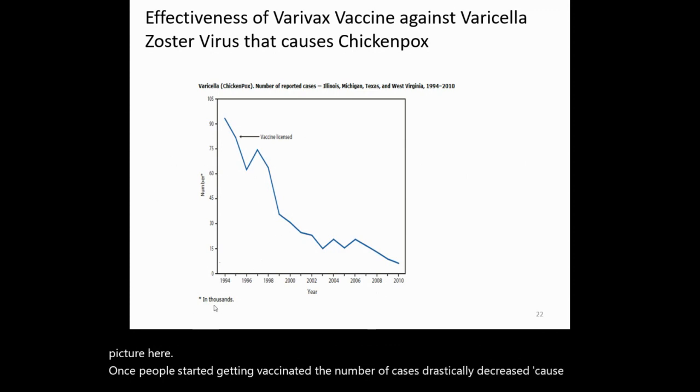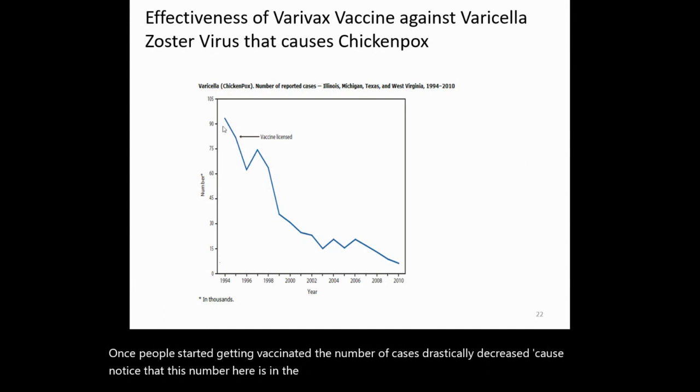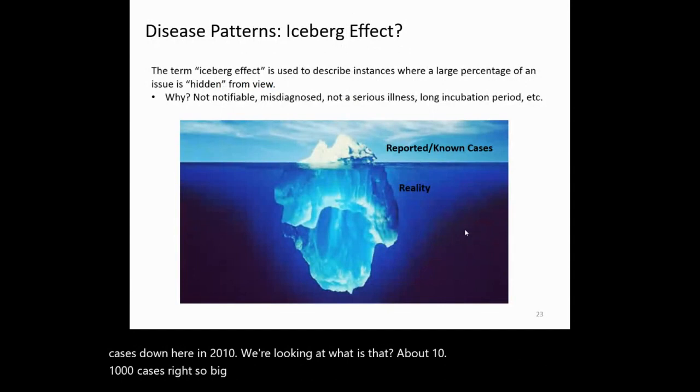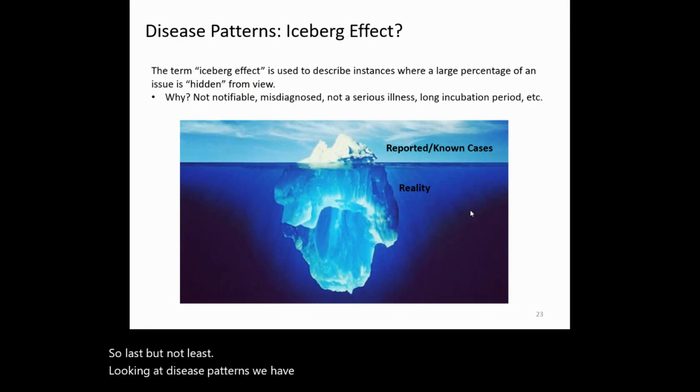Because notice that this number here is in the thousands. Back in 1994, we had over 90,000 cases. Down here in 2010, we're looking at about 10,000 cases. So big difference.